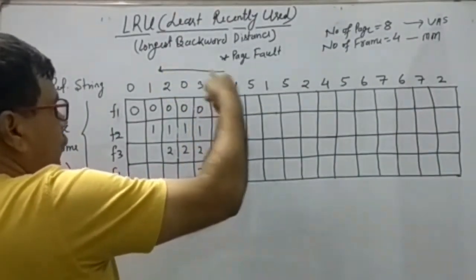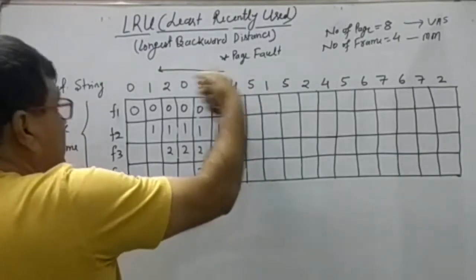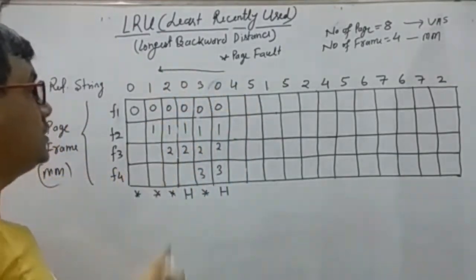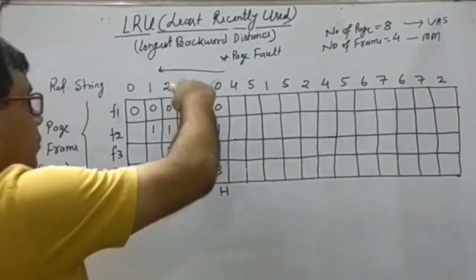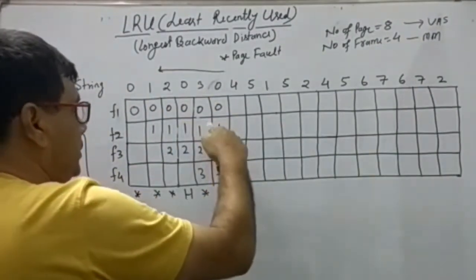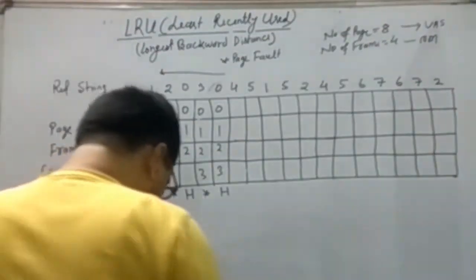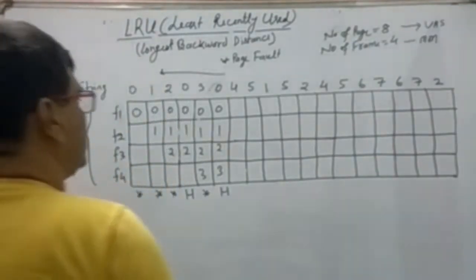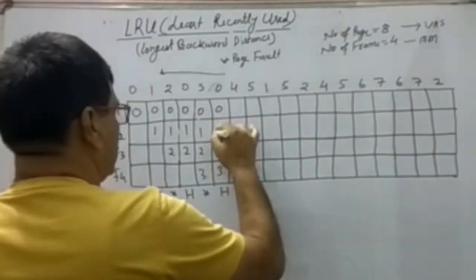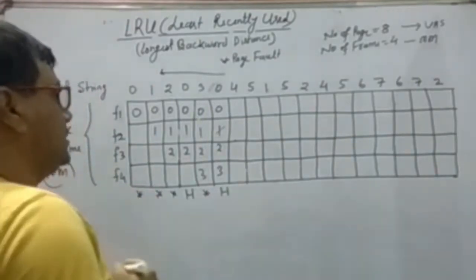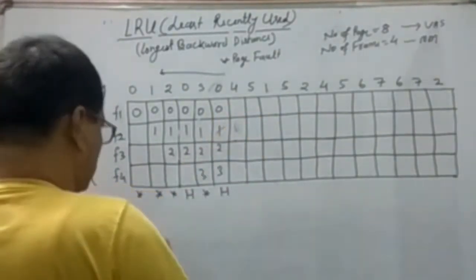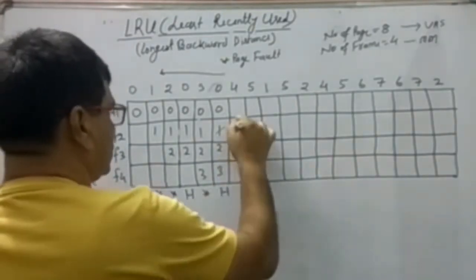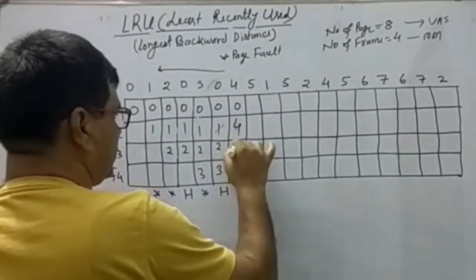We see which page has the longest distance, or which page was least recently used. Page number 1 is the least recently used, so we replace page number 1 with page number 4, and the rest stays the same.